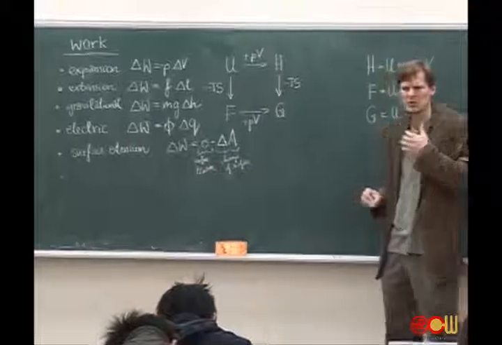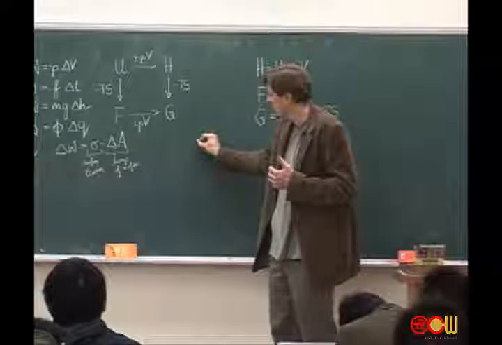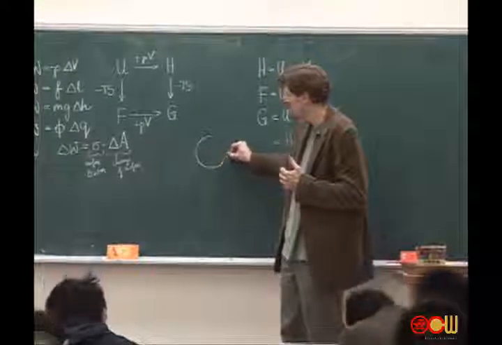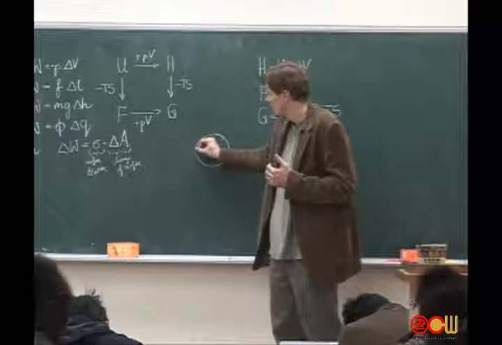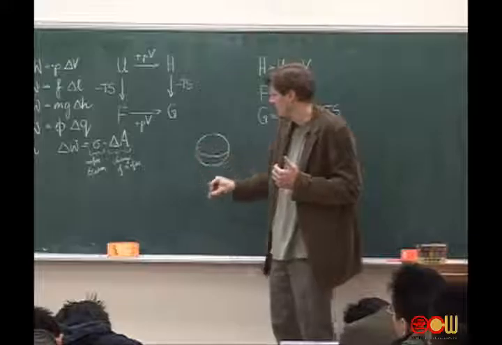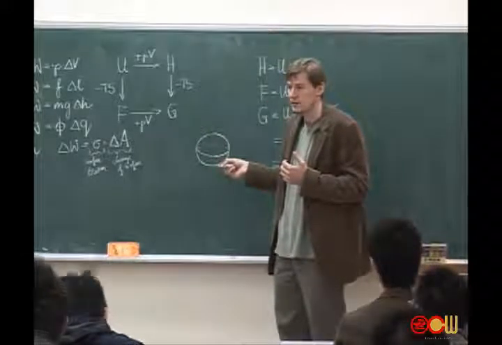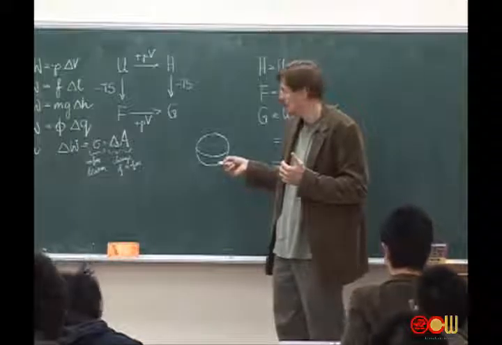And you can ask me, what is this? This sounds very strange. Well, we discussed it in the last class. We said that if you have a liquid, the perfect shape for the liquid is a sphere, because a sphere has the largest volume at the smallest surface at the same time.